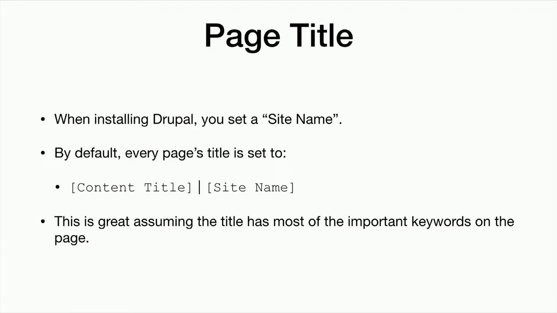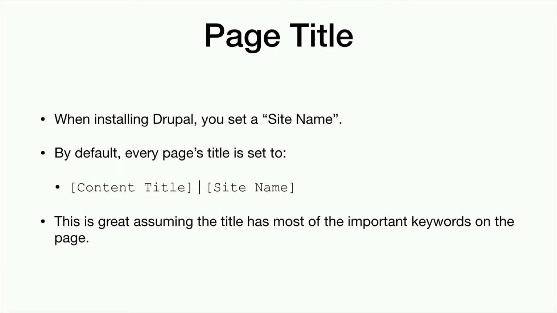First of all, a real basic one in Drupal core includes the title of your page, which is usually the main title of your content. Actually, there's two parts of it. When you're installing Drupal, or in the Drupal config, you set a site name, and then also a page has a title, which is usually also the main header of the page, a main H1 tag.